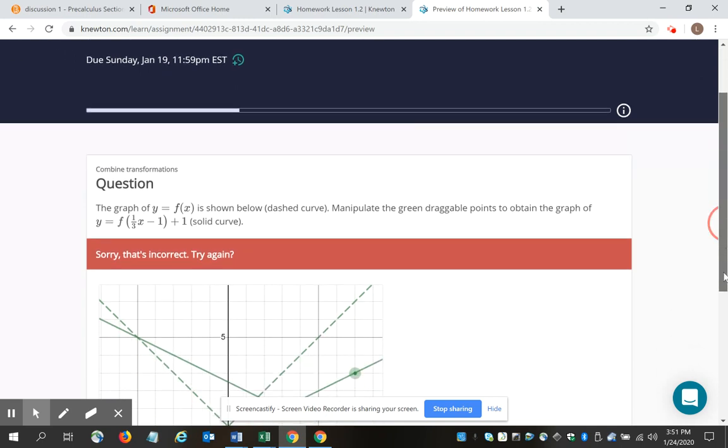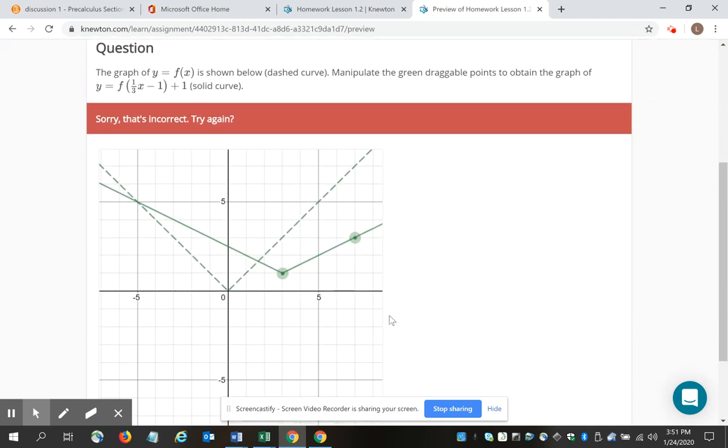Oops, it didn't like me. Okay, let's see. Imagine it was right, we put it back where it should go. Maybe I stretch it first.